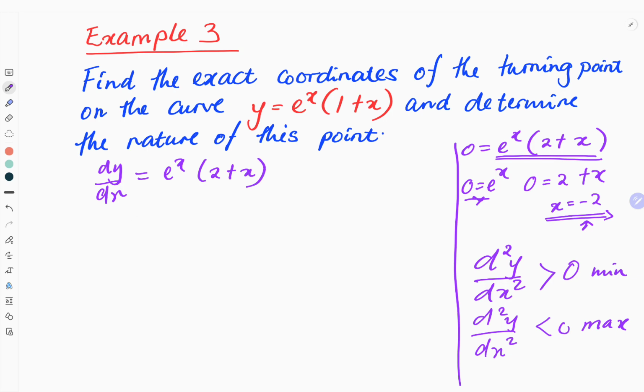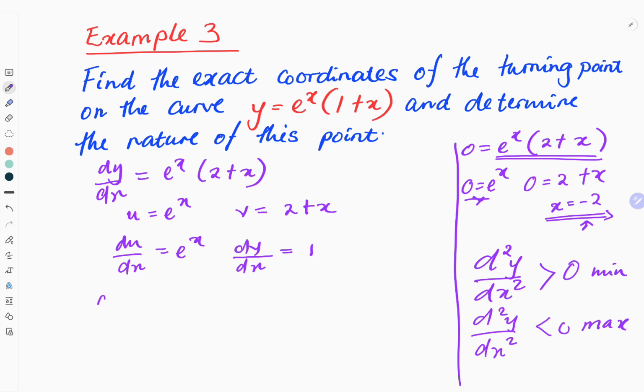So we let our u for the second derivative be, again, e to the power of x, and v is equal to 2 plus x. Then we differentiate that, and we get du/dx is equal to e to the power of x, and dv/dx will be equal to 1.